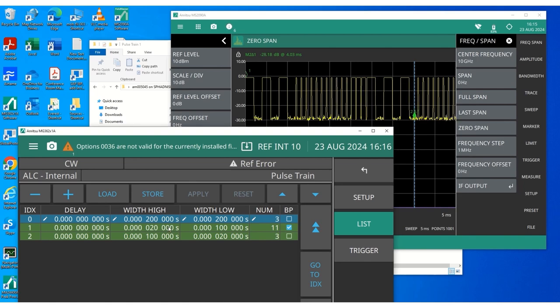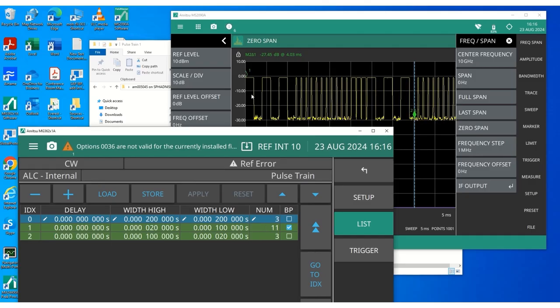Then your second pulse burst with a very narrow high and a much larger low, to be repeated 11 times, and there you go. You have 11 of those bursts here. And then the last burst, which is 100 microseconds high and 20 microseconds low, and you have 3 of those.